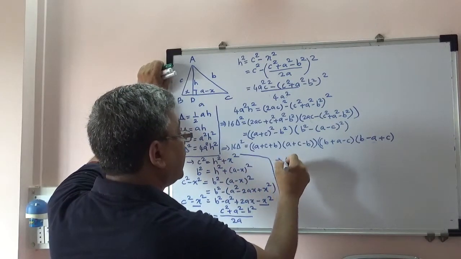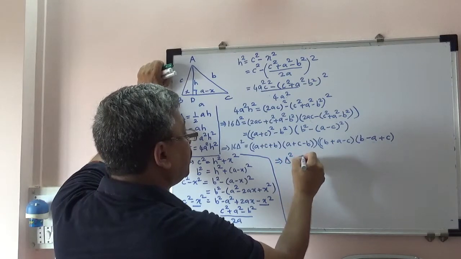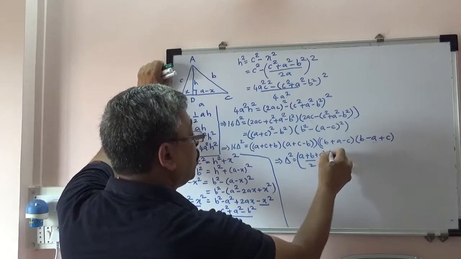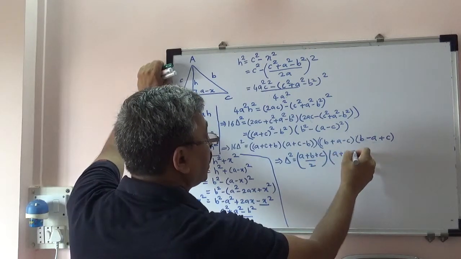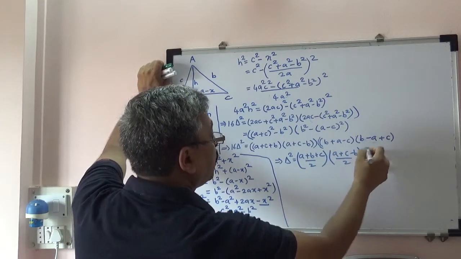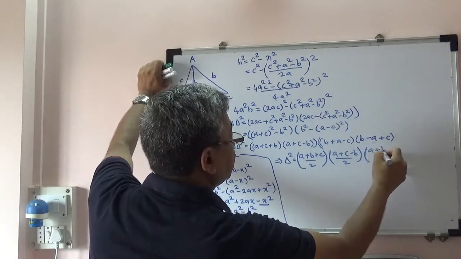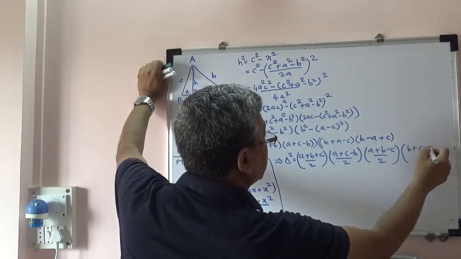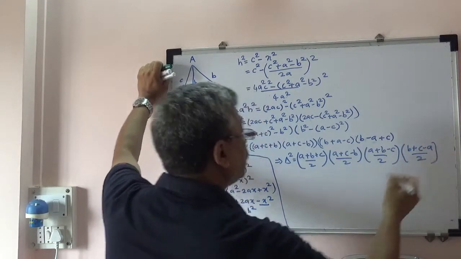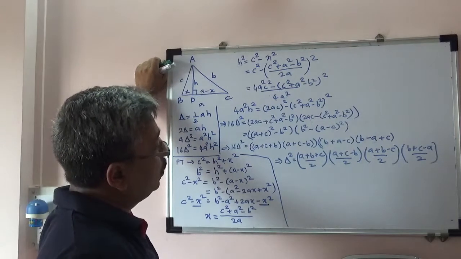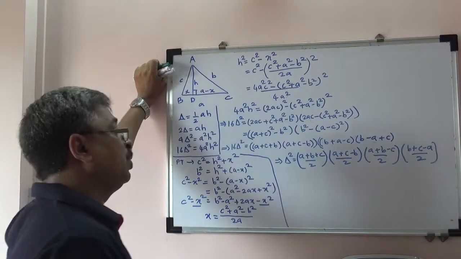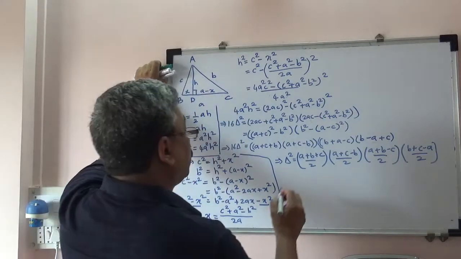Therefore what we can say, delta square is equal to a plus b plus c upon 2 into a plus c minus b upon 2 into a plus b minus c upon 2 into b plus c minus a upon 2. So every bracket now we have got all the 3 terms a, b, c. In first bracket all positive, and in the remaining 3 brackets one negative.